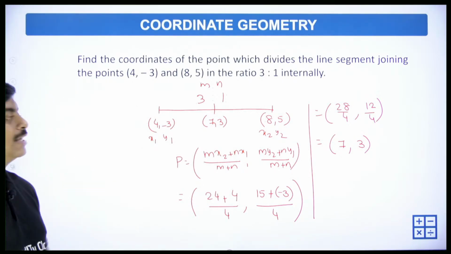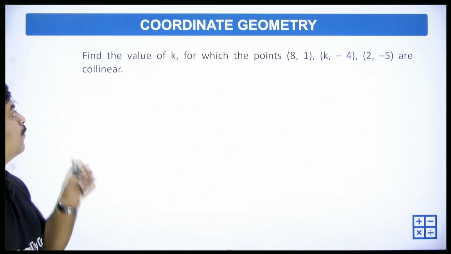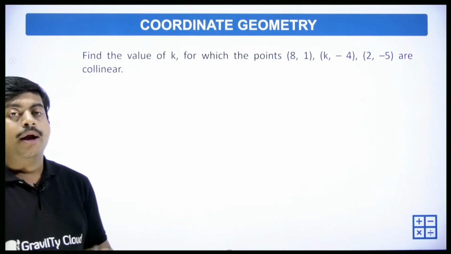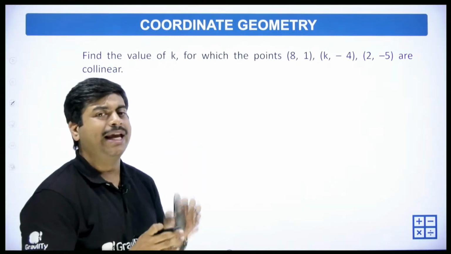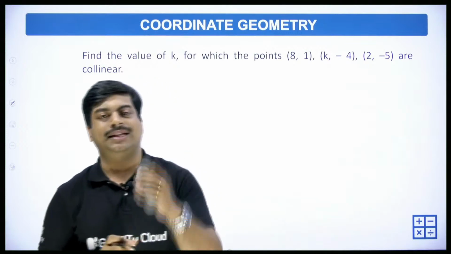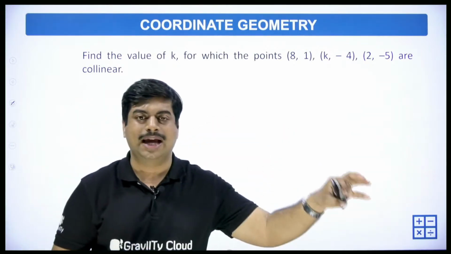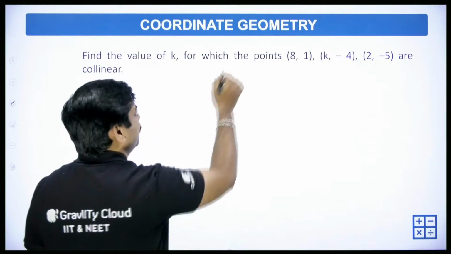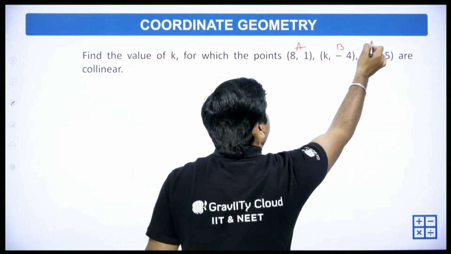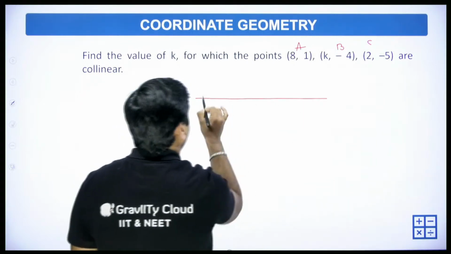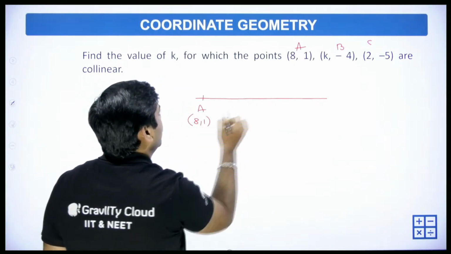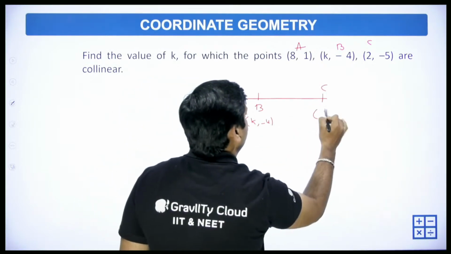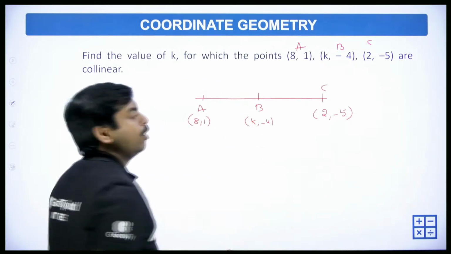Moving ahead to the next question. Find the values of k for which the points are collinear. Now let's discuss the same collinearity condition in another way, not through the area of the triangle but through the slope of the line. Let's say the points A(8, 1), B(k, minus 4), and C(2, minus 5) are collinear.